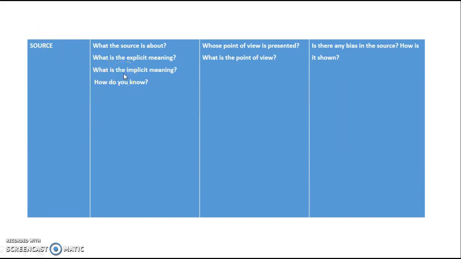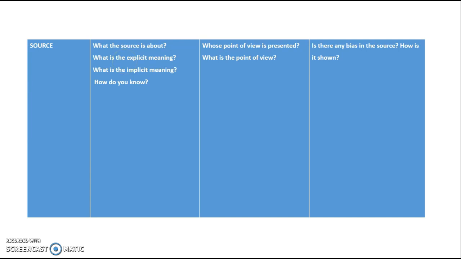The implicit meaning is that these children are not wanted and are not as good as others because they are half-caste. We also have in there that these children are considered the property of the government and not part of a family because the government, the minister, is taking them away. That comes from the caption underneath.